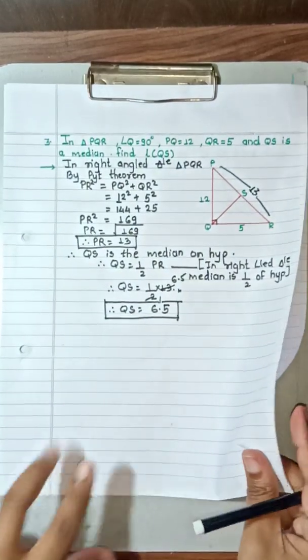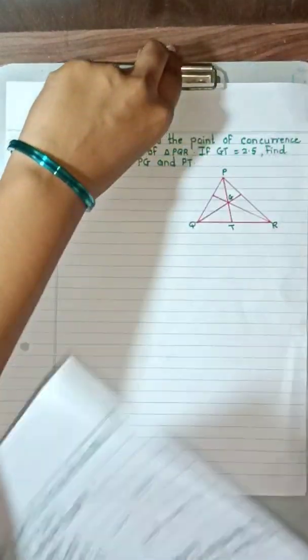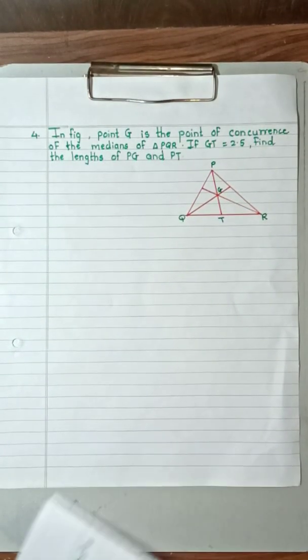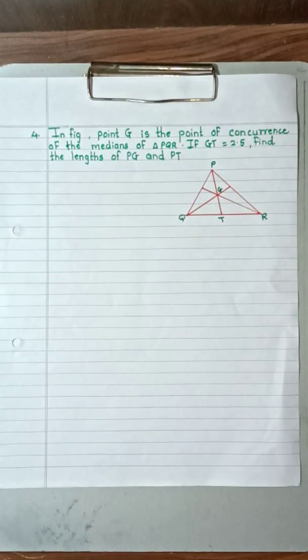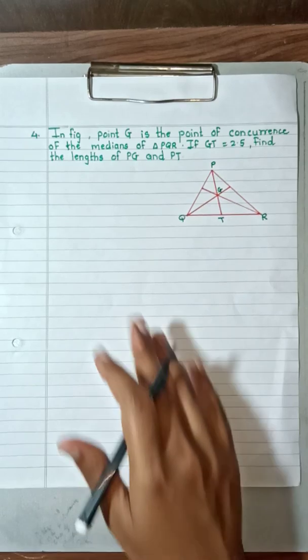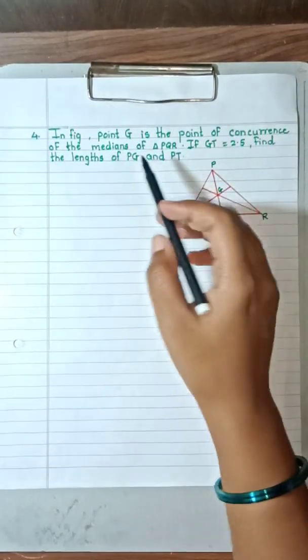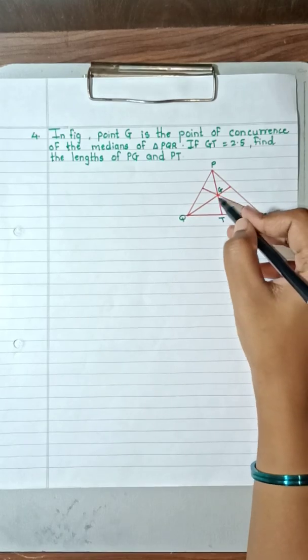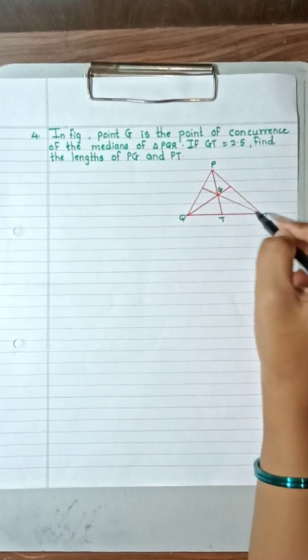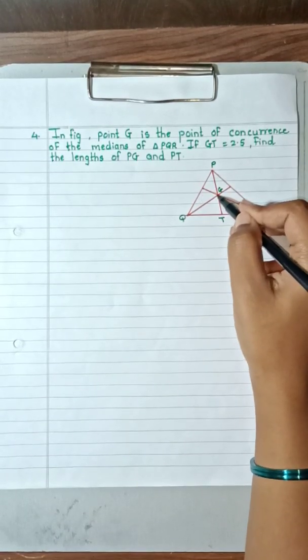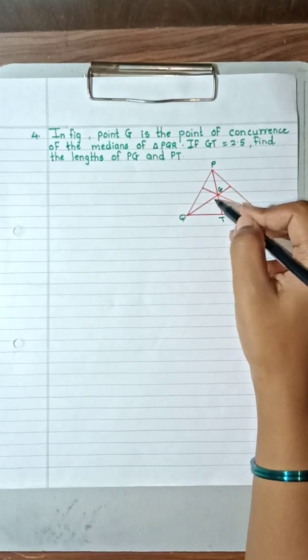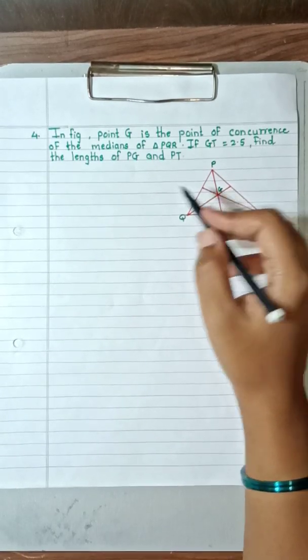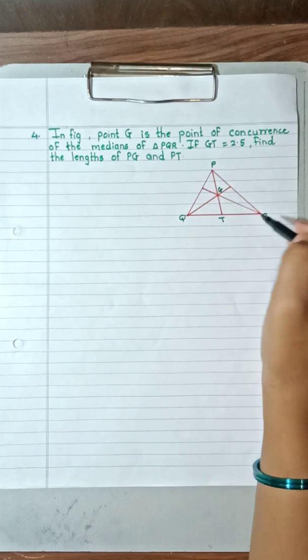Now let us move on towards the last problem of this practice set. In the figure, point G is the point of concurrence. Now what is concurrence? It is a centroid. All the medians, you can see, are meeting together at point G. It is the point of concurrence of medians of triangle PQR.